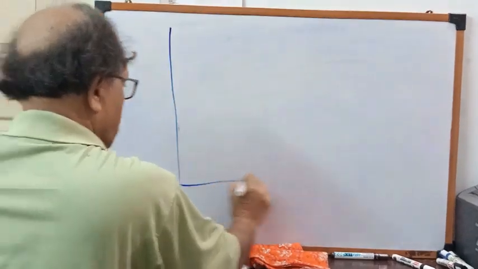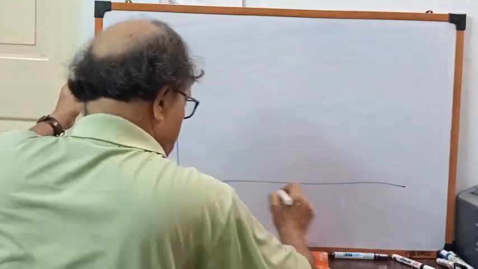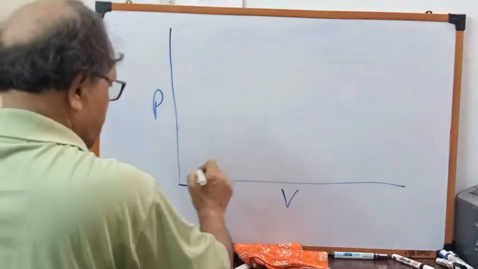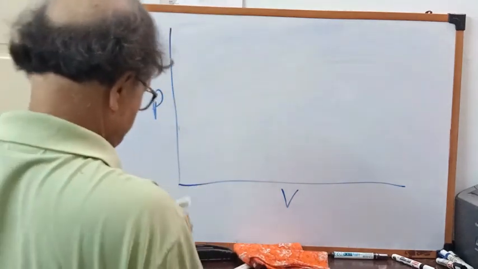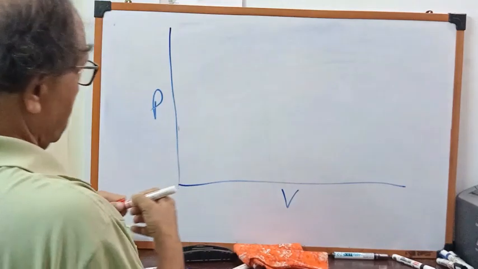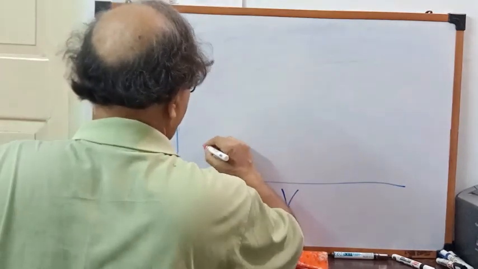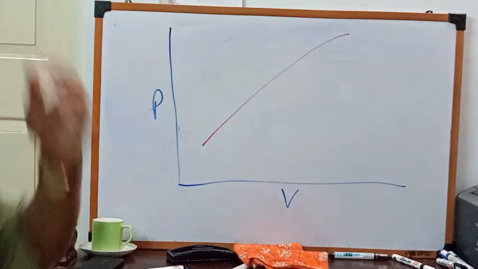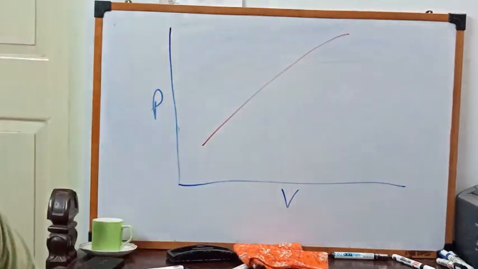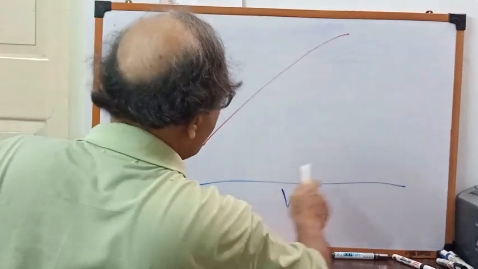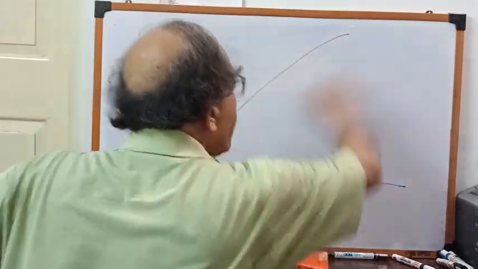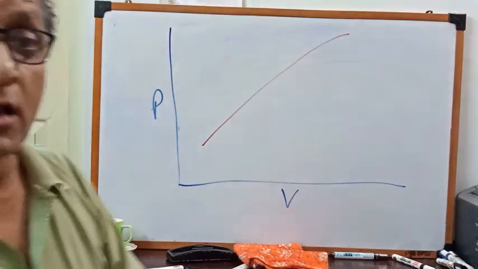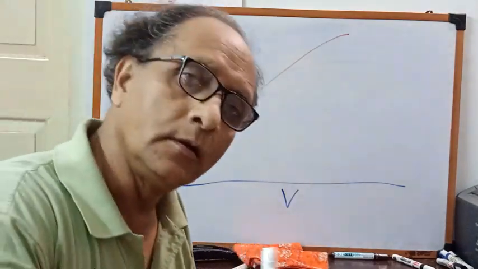So if it is like this, volume, pressure, they will have a kind of linear relation. A linear relation like this. So as the volumes are increasing, this peak isometric pressure line is linear.